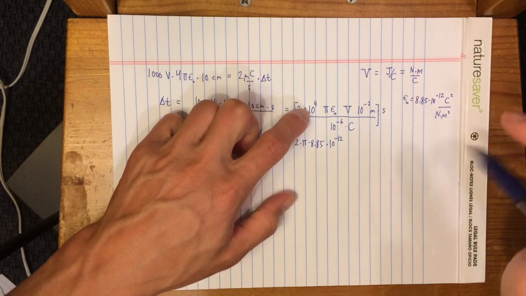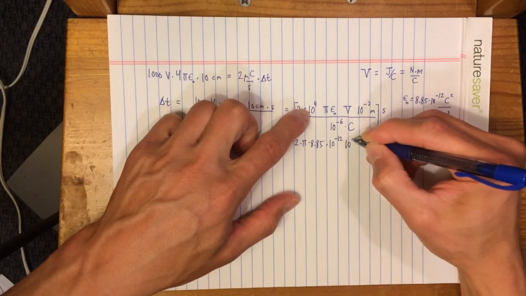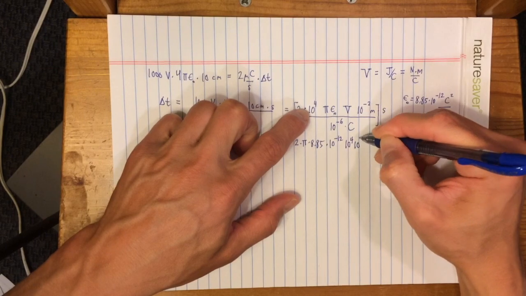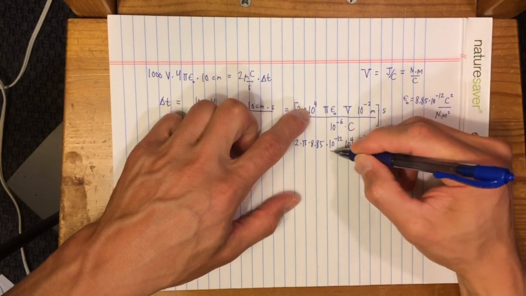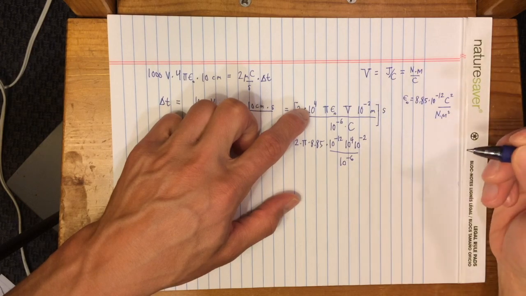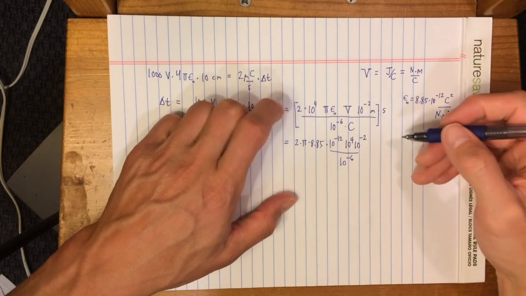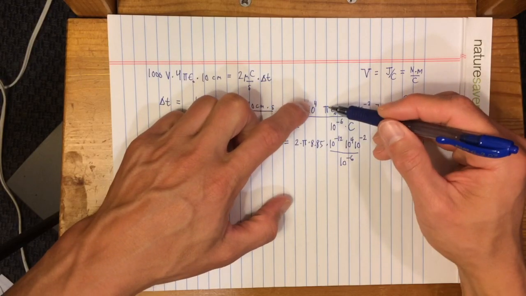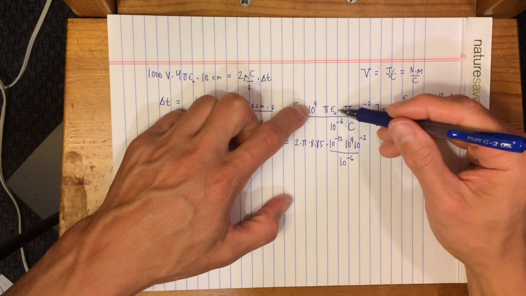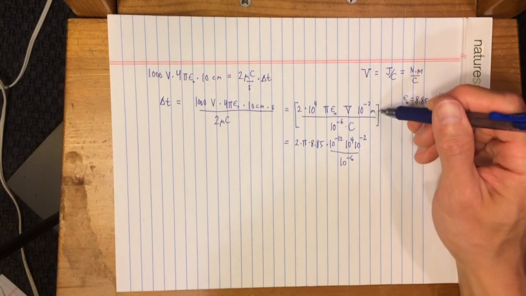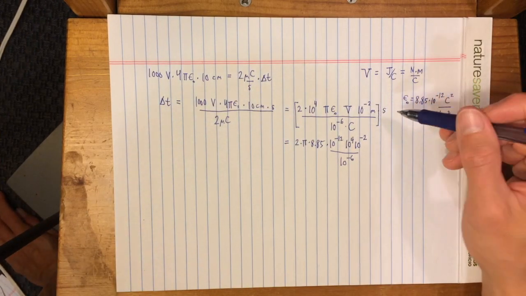Okay, and then I've got 10 to the 4th, 10 to the minus 2, over 10 to the minus 6, right? So I've got the 2, the pi, the 8.85 times 10 to the minus 12, the volt and the meter and the second.